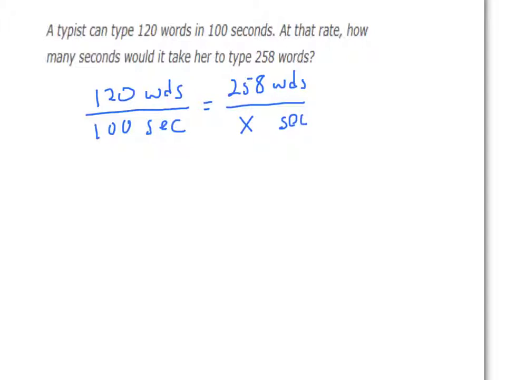Once again, I don't see a clear multiplier here, so I'm going to simplify the ratio on the left side. It has a common factor of 20, so that's going to be 6 over 5 equals 258 over x.